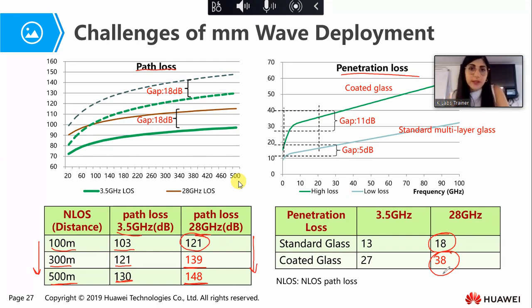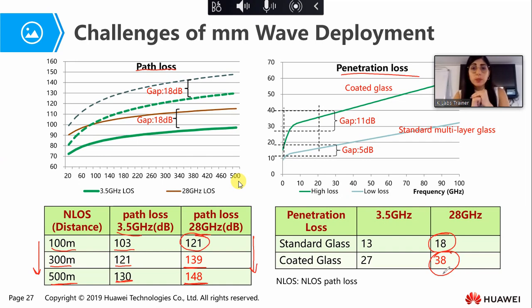So actually, at the millimeter wave band, since we have path loss and penetration loss, these frequencies cannot be used to provide a wide coverage. So basically, these frequencies are used to provide better capacity, to increase the capacity of our system.